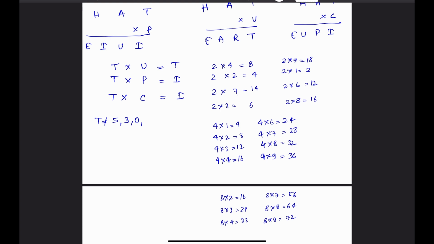My T value could be only from the digits 2, 4 and 8, right? Because 4 into 1 is 4 and then 4 into 6 is 24. So there is a difference of 5, there's a difference of 5, there's a difference of 5.